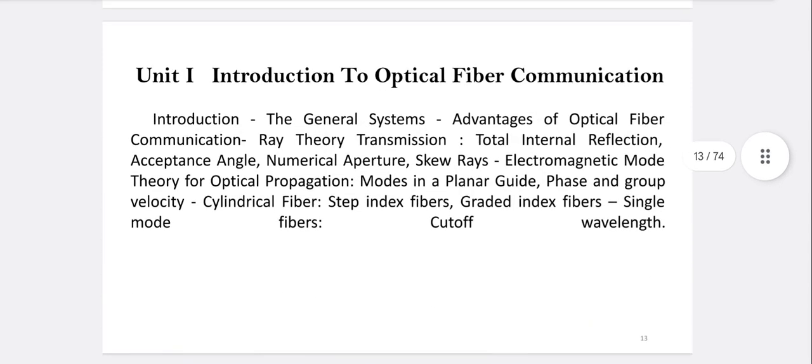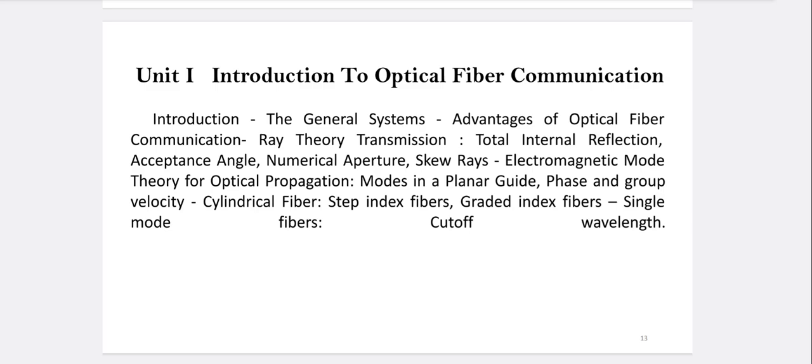The name of unit 1 is Introduction to Optical Fiber Communication. In this first unit, we are going to discuss the introduction to optical fiber communication and the advantages and disadvantages of this network. Next, the important topic, ray theory transmission.